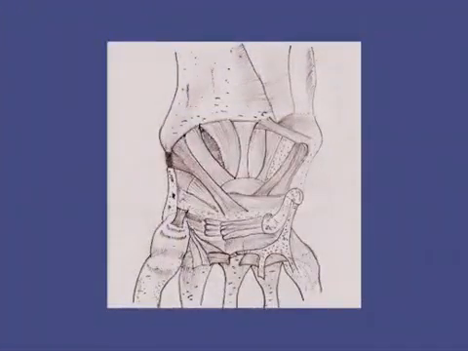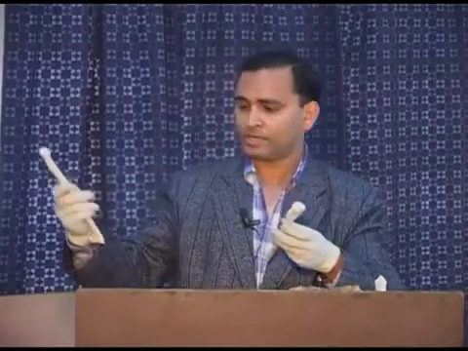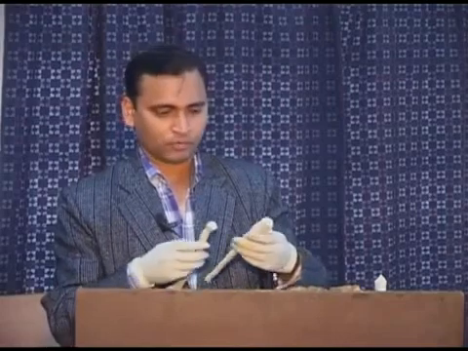Next is condyloid joint. The portion of one bone fits into the oval shaped depression of another bone. Example, wrist joint. If you can see here, radius and ulna. The ends of radius and ulna are articulated with the carpal bones. Here is the pivot joint between the head of radius and the radial notch of ulna. This is radius and this is ulna. It articulates here.